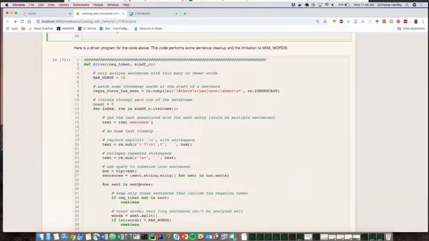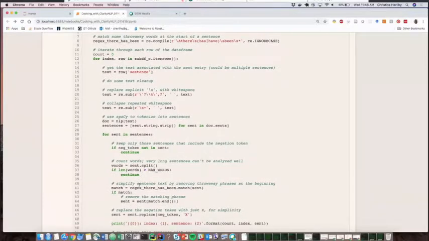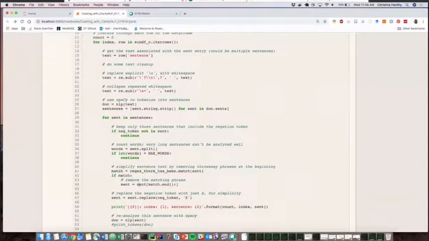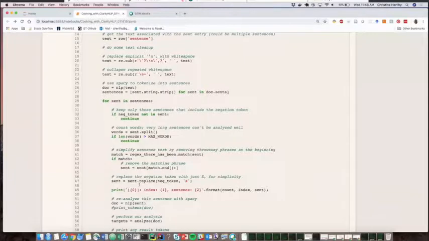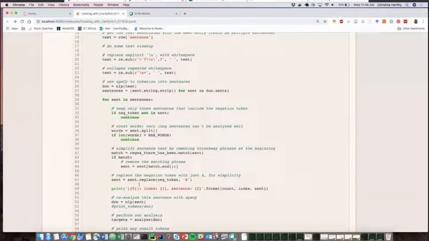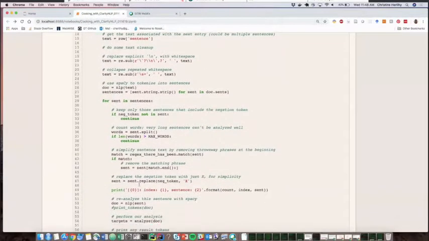Scrolling down is a driver program that does this. Essentially what this driver does is go through our data. Christine showed how she built this big matrix that has all the information for each, basically a row by row. You can find the sentences and the text associated with each term in there. We iterate through this matrix within a data frame. We extract the text, we tokenize it into sentences, perform some cleanup on it, and then run it through our algorithm.